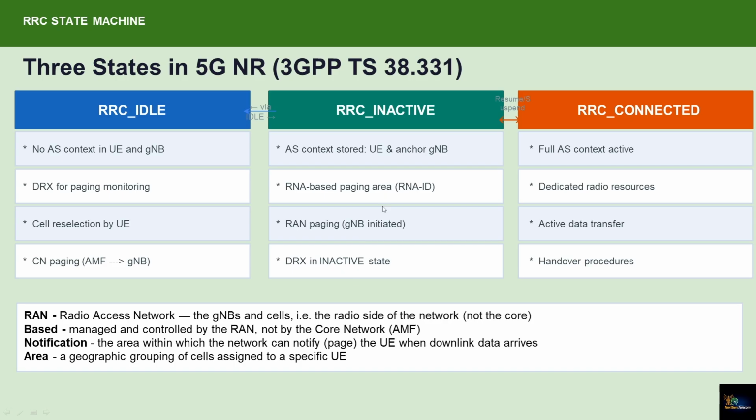It effectively says, I have moved outside my boundary, tell my older anchor tower where I am and give me a new RNA, meaning give me the new radio notification area. The ID will be updated here through the RAN-based notification update.